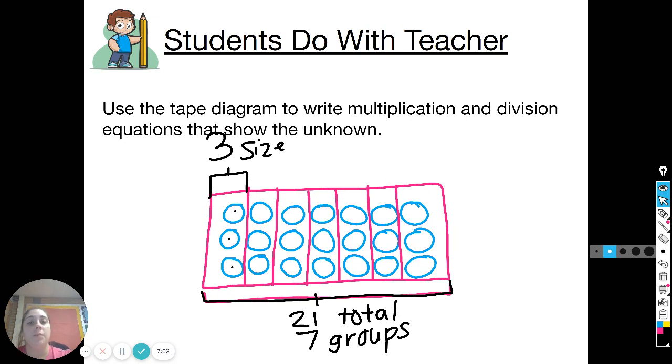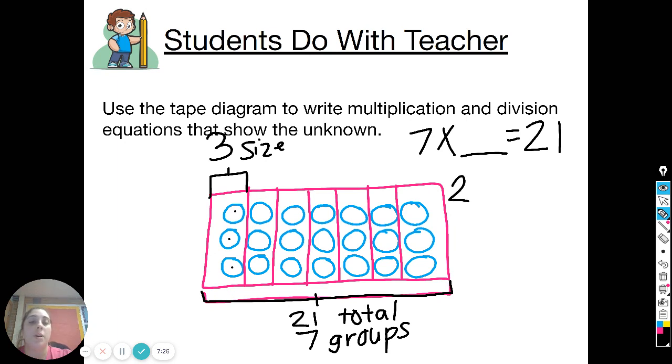So let's start with our multiplication. We knew that there were 7 groups of, but we didn't know how many in each group. We did know that it equaled 21 pieces of paper total. Okay, let's look at division.